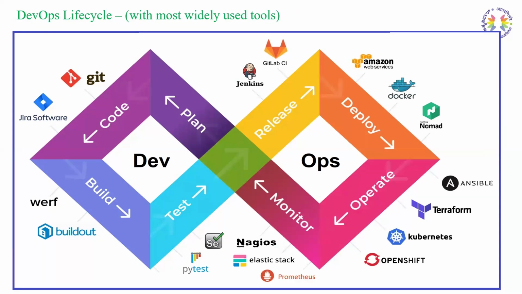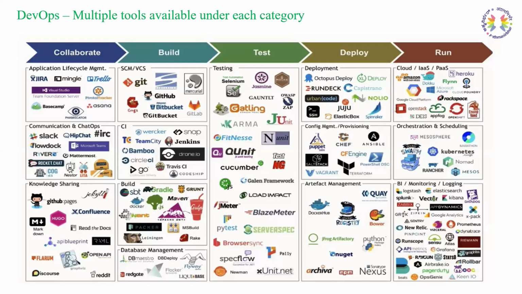We will prioritize learning several of these most popular and effective tools to gain practical experience. Lastly, you can see the general overview of the complete DevOps landscape, showcasing the wide range of tools available for each phase.